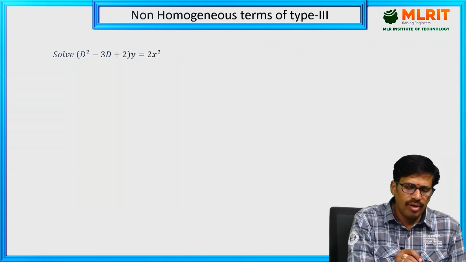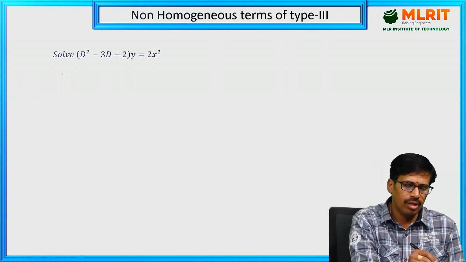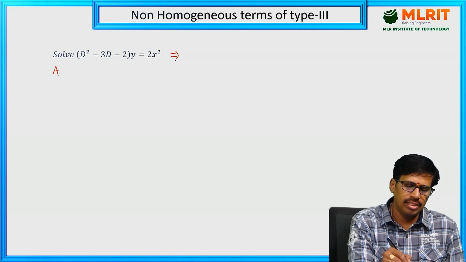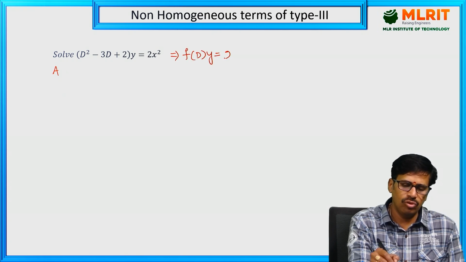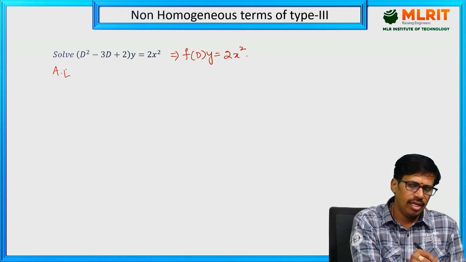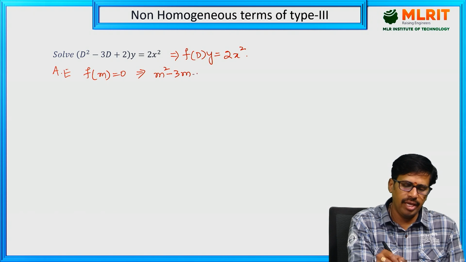Solve (D square minus 3D plus 2) y equal to 2x square. This is in the form of f of D into y equal to 2x square, right? So what is the auxiliary equation, which is given by f of m equal to 0? That means m square minus 3m plus 2 equal to 0.